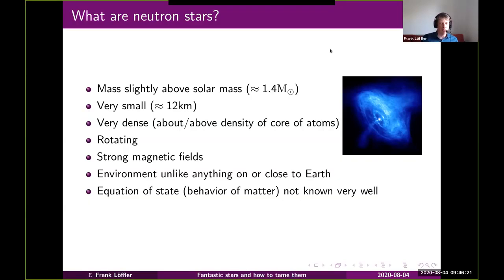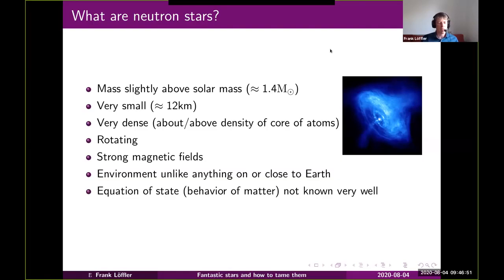The density is about, again astrophysically speaking, at or above the density of the core of an atom. So not the density of atoms, but the core of atoms. That's really dense. Essentially, you take the star and compress it down to the size of the city you would be in if you didn't have COVID. So Baton Rouge: compress that to about the size of a city, and then you have a really dense star.